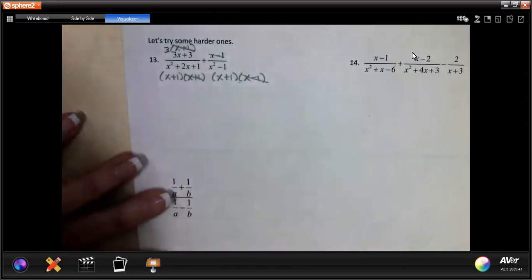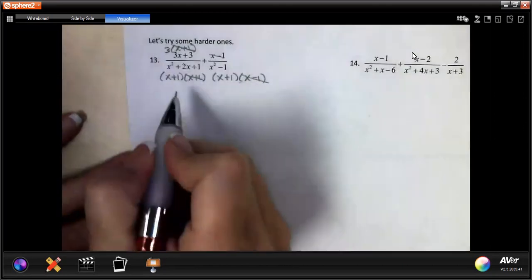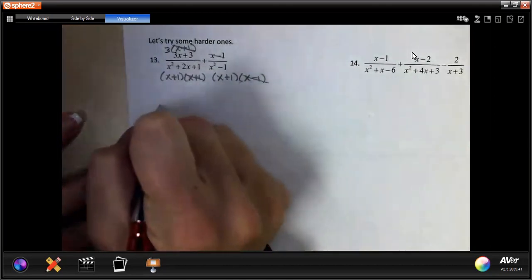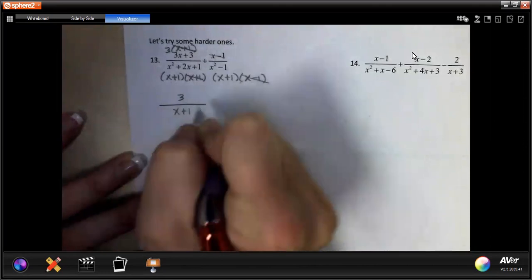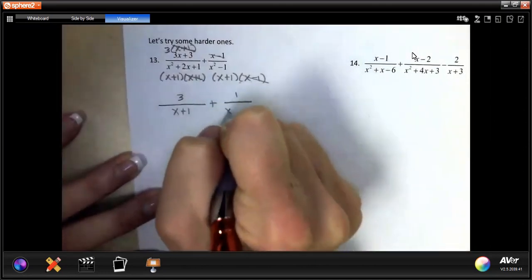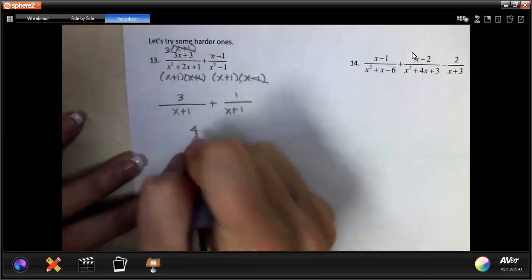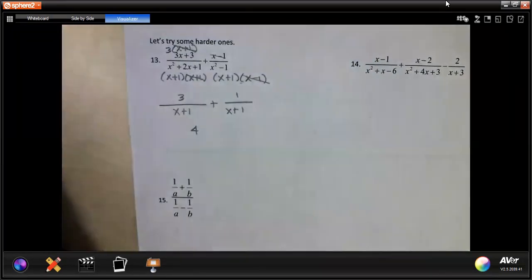But you've got to be really careful with what you're looking at and noticing that those are exactly the same. All you did was avoid a little bit of extra work there, because now you notice they both already have the same denominator. So that's 3 over x plus 1 over x plus 1. And so 3 plus 1 gives us 4. And then you keep the same denominator.